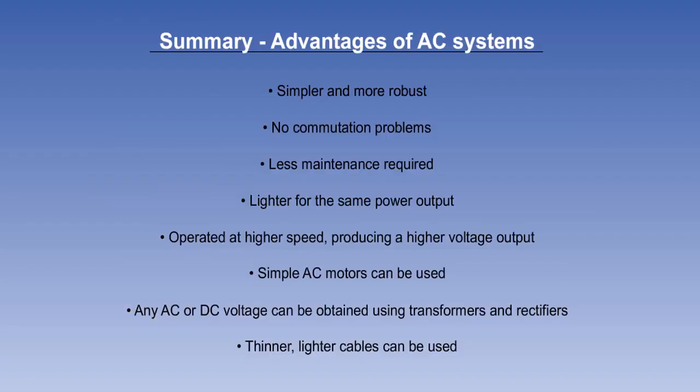That is the end of the lesson. You now know the advantages that AC electrical systems have over DC systems. They are being displayed on the screen. Spend a moment reviewing them before moving on. You now know the terms that are used when describing alternating current.